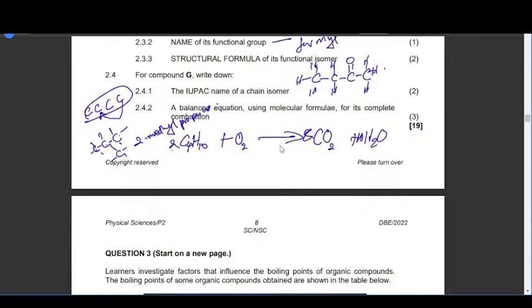This 16 plus this 10 is 26. So 26 divided by 2 is 13. So I'm going to put a 13 here, because 13 times 2 is 26. So yeah, I think it's balanced. Yeah. So this is a liquid, this is a gas, it's a gas, and this is a gas.